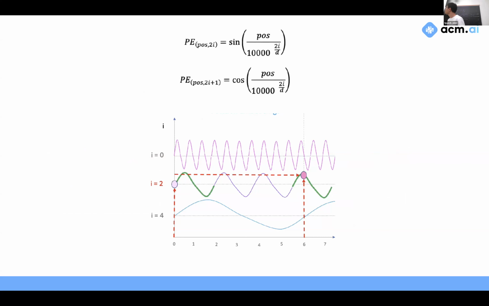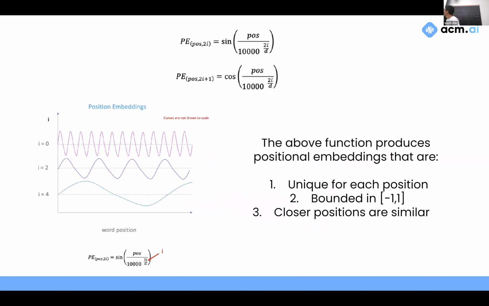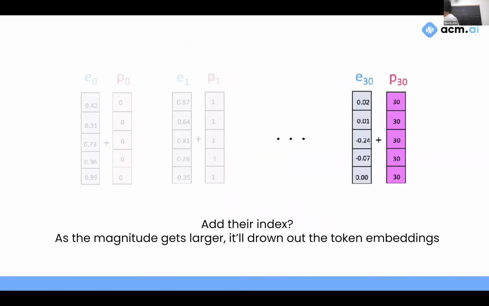For the sine function, are we changing the frequency of x inside the sine function to indicate the position? What we're doing is adding to each of these vectors, like on the river bank, another vector to encode position.